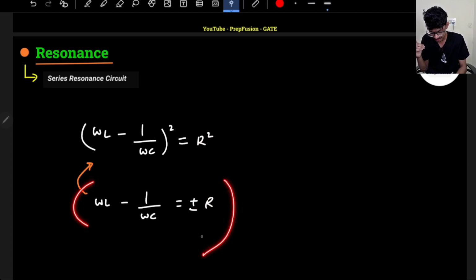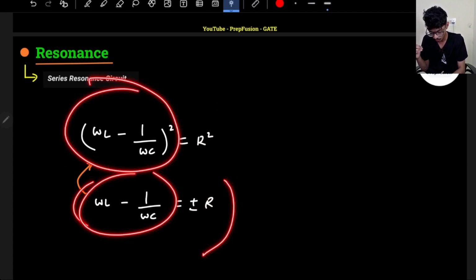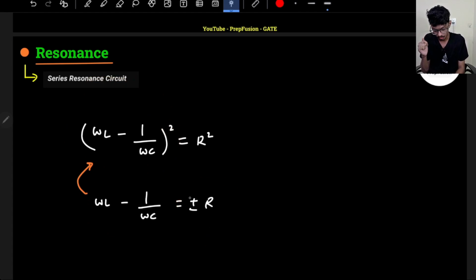If I square this, the left hand side is okay, omega L minus 1 by omega C whole square. But what about the right hand side? Will it satisfy only for plus R? For minus R also, if I square, will I get R square? Yes. So this is satisfied for minus R as well as plus R. So I will get two solutions here. What are the two solutions? One is omega H, another one is omega L. Those are my two solutions basically.